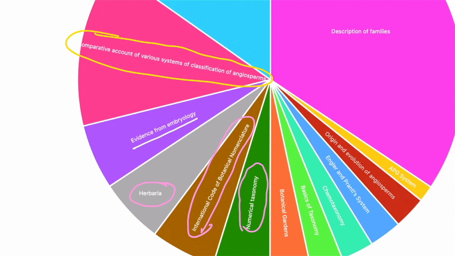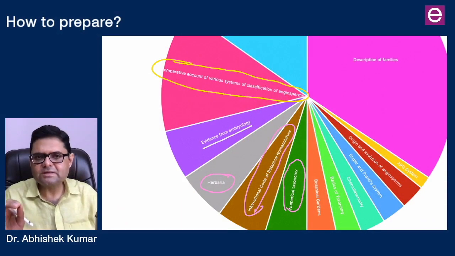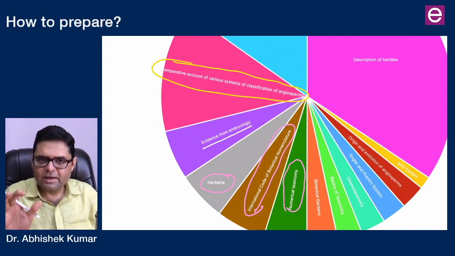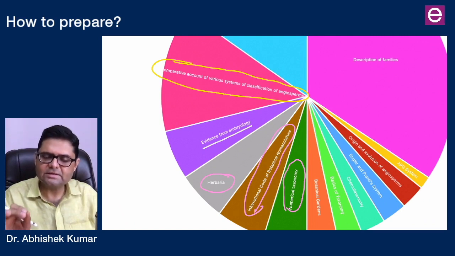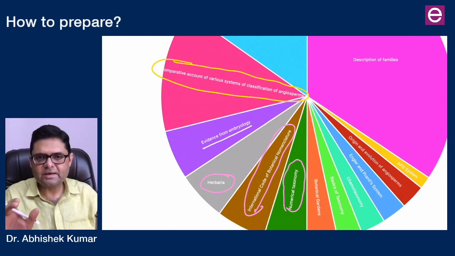So what is the takeaway from this discussion? The takeaway is that every year almost 70 marks of questions are assigned to angiosperm systematics. That is the first takeaway. Let's get it straight: almost 70 marks of questions, because 735 marks have been given to angiospermic systematics in civil service mains in the last 10 years.